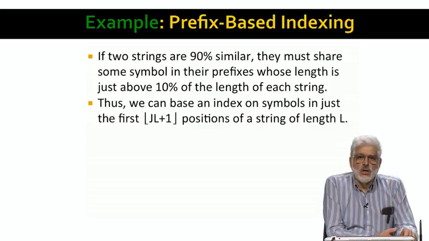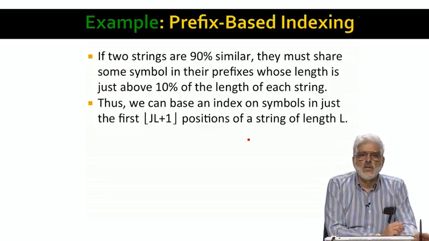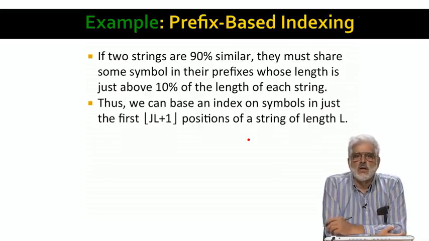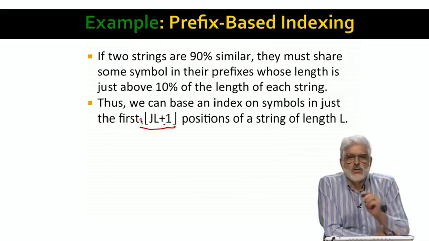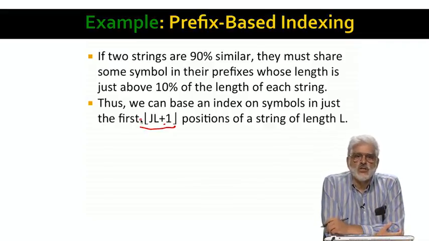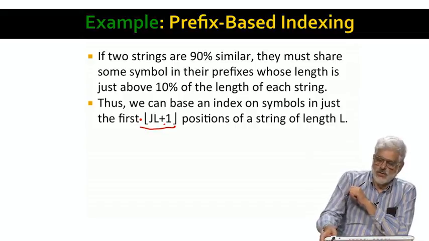In general, if J is an upper bound on the Jaccard distance we will allow, then the prefix of a string of length L is the first floor of JL plus 1 positions of the string. We're going to build an index in which this string can be found using any of the symbols that appear in its prefix.